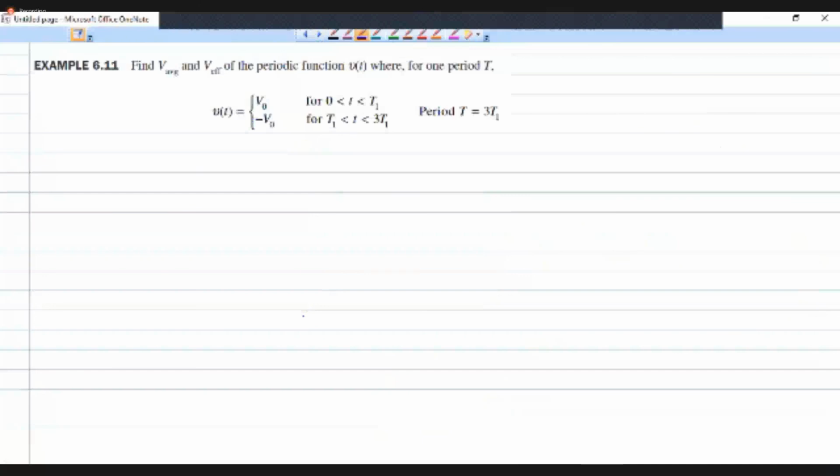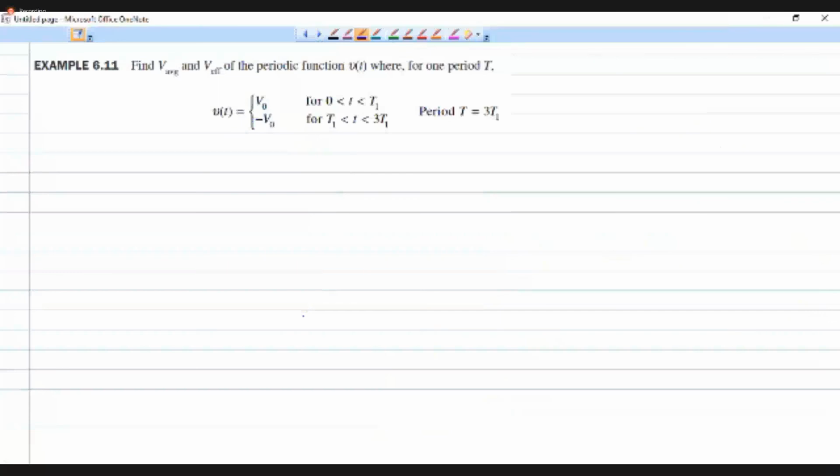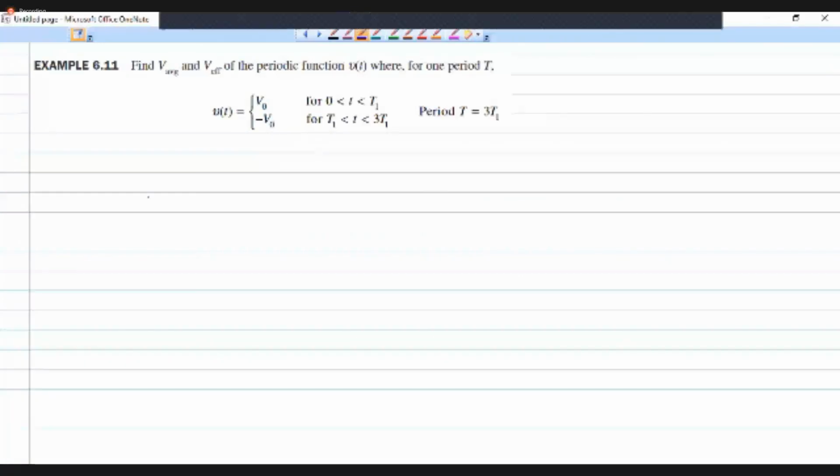Now we'll take another function, which is a square pulse. So can you find out what is the average and effective value for this, using the same method?